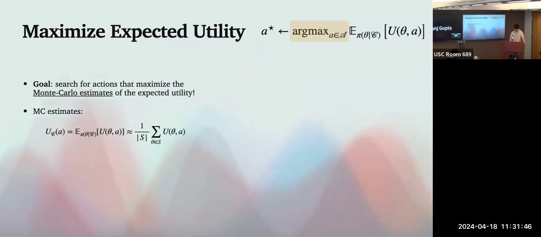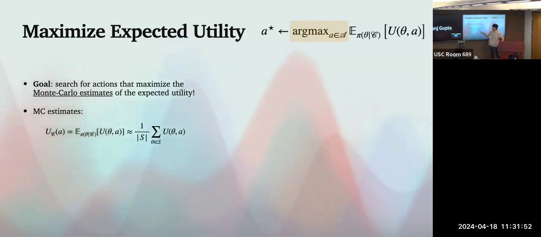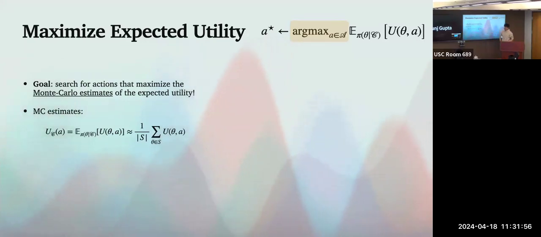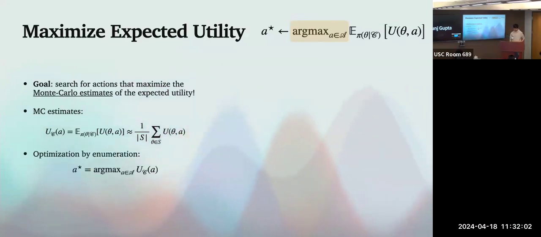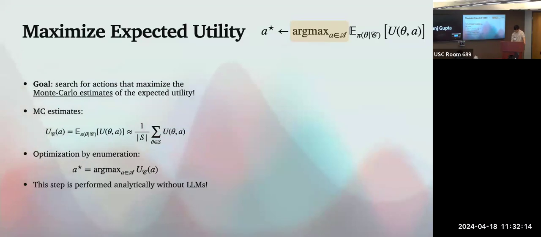That gives the expected utility marginalized over the states, which is the expected utility of choosing that action. We enumerate over the set of distinct actions and take an argmax. So there's no fancy gradient descent optimization going on here, just for this preliminary task.